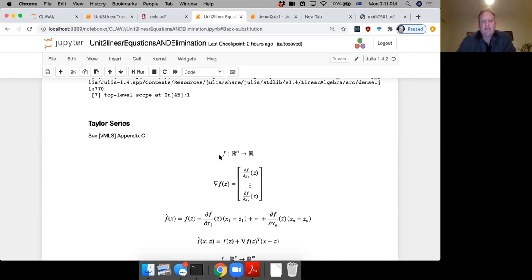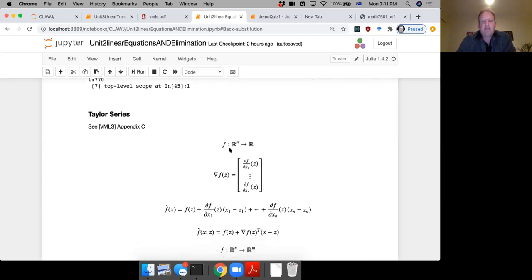So the first thing I want to speak about is a function that goes from Rn to R. This is so common in data science and in machine learning. Rn can be your parameters, and R here is going to be your loss.